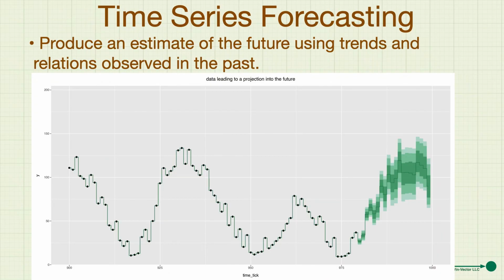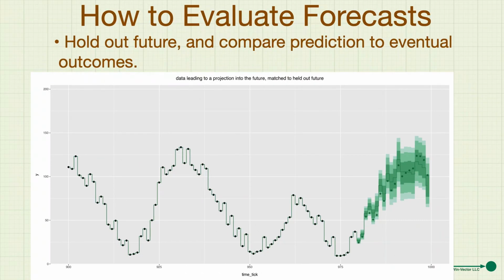Now, a time series or forecasting result is good if, when the future data arrives, it happens to be near the predictions. So what we've done now is we've added in the dots, which are the future. Now, of course, in time series systems, the way we simulate the future is we hold out data based on a date. So we say every time past time tick 980 was, quote, the future, even though we were already at time 1000.